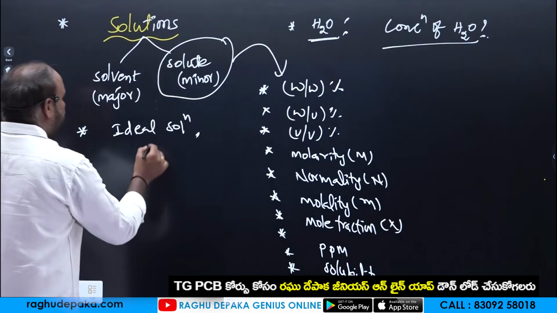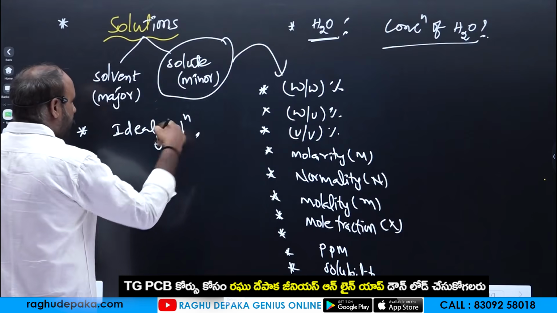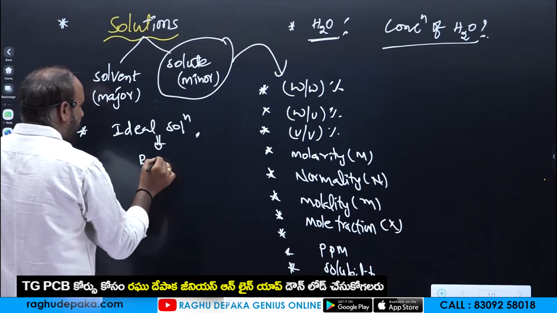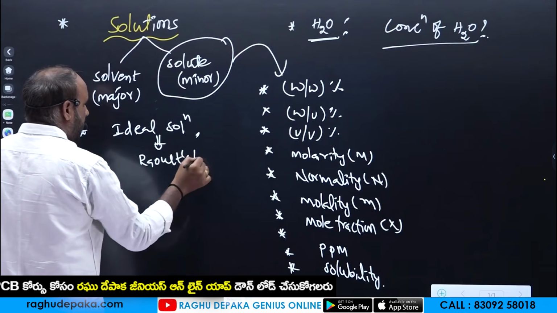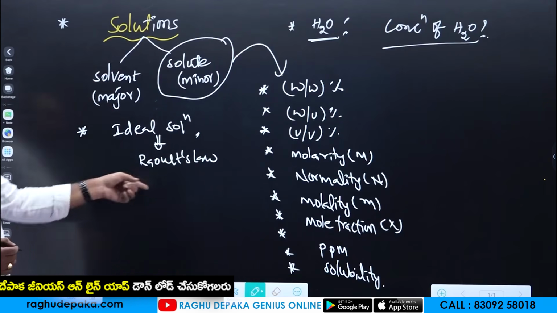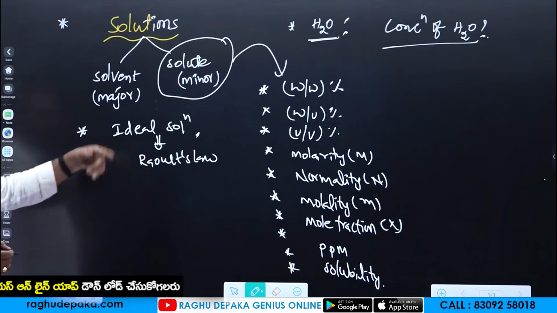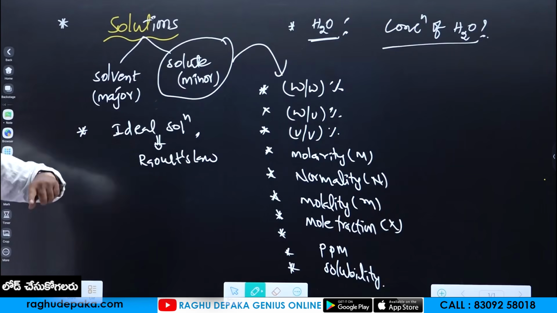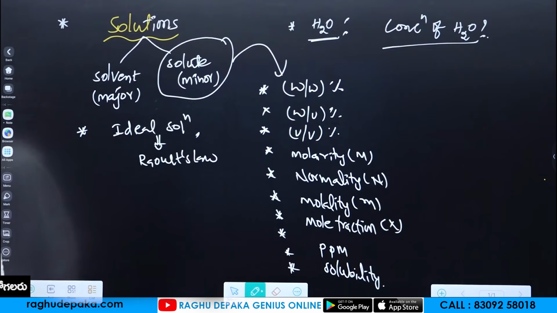To get ideal behavior of solutions, there is a particular mention of Raoult's law. We have to discuss in detail Raoult's law, how it is applicable to solutions, and how a solution that obeys Raoult's law is said to be an ideal solution.